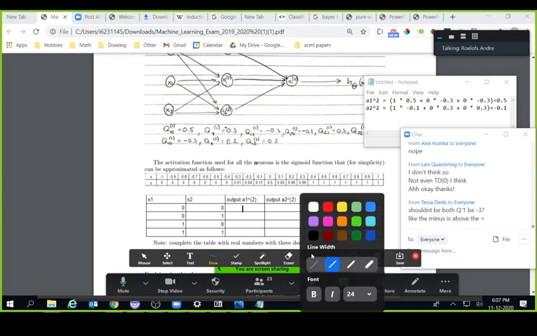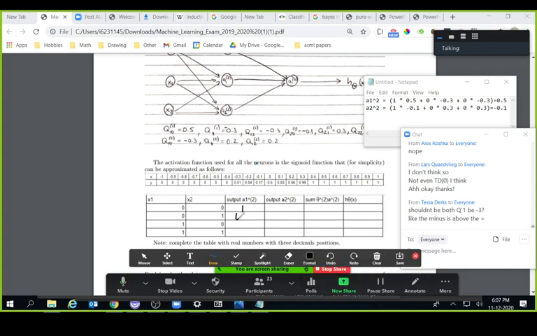So then this one would be 0, oh yeah, okay, good catch, 0.17, okay, cool, 0.17, yes, sum of theta.